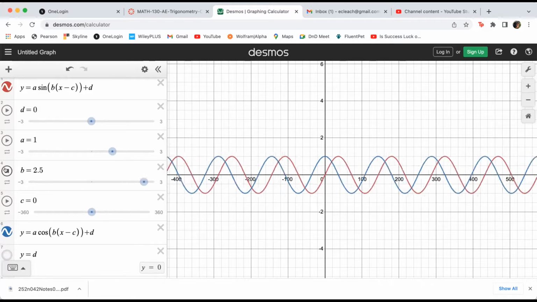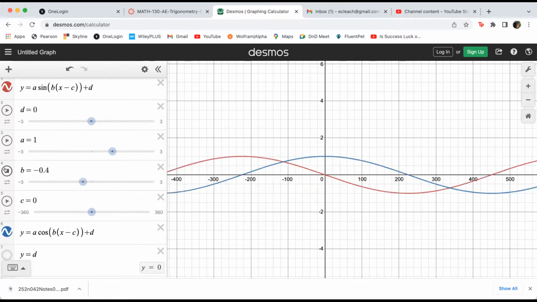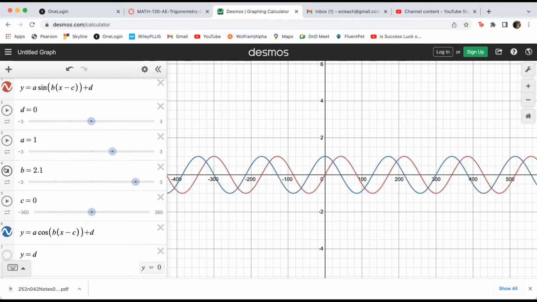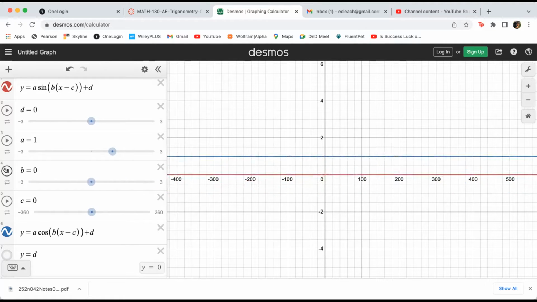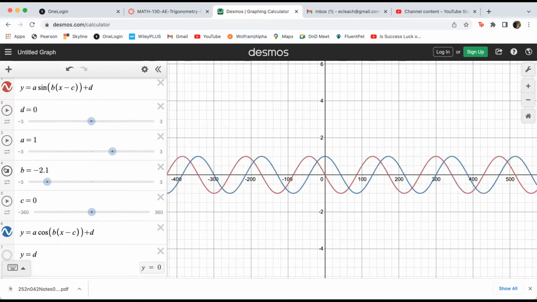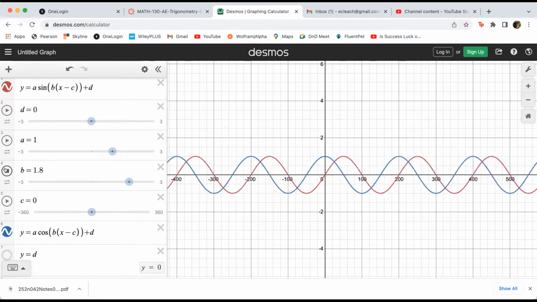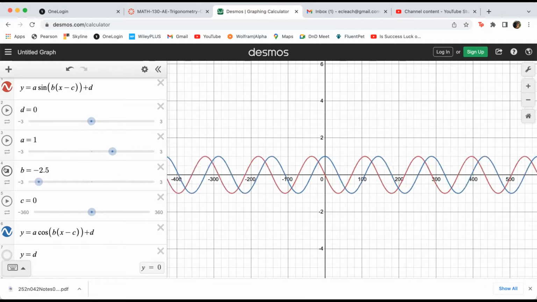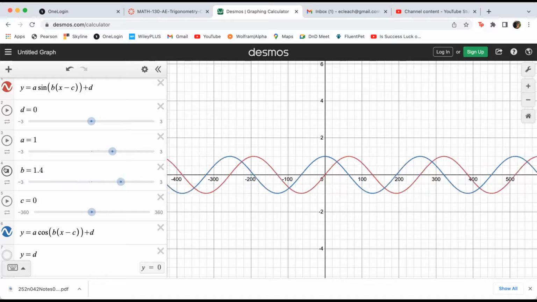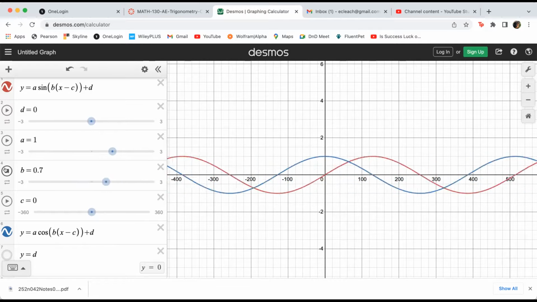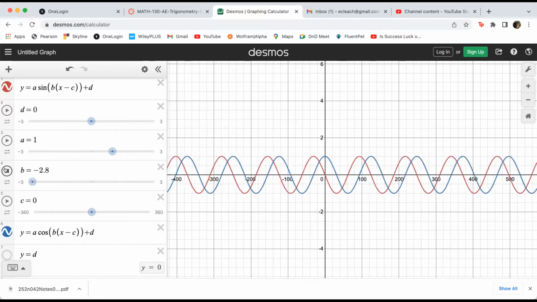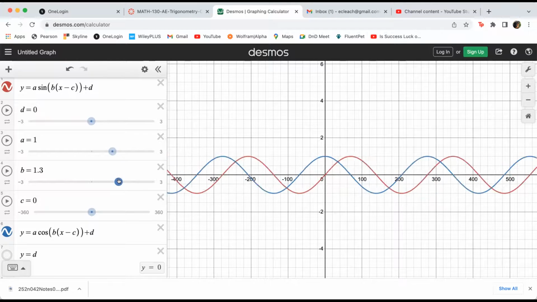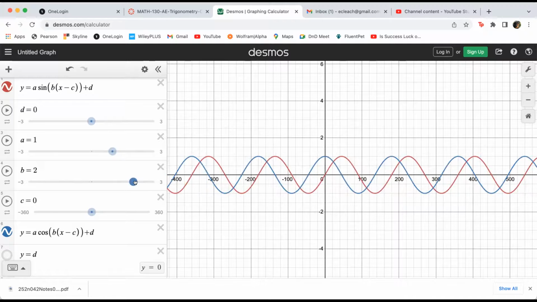So B, although it's not equal to the period, B will be the number that will tell us what the period is equal to. B tells us the period. So if I pause on a value of B, let's say B is equal to 2.